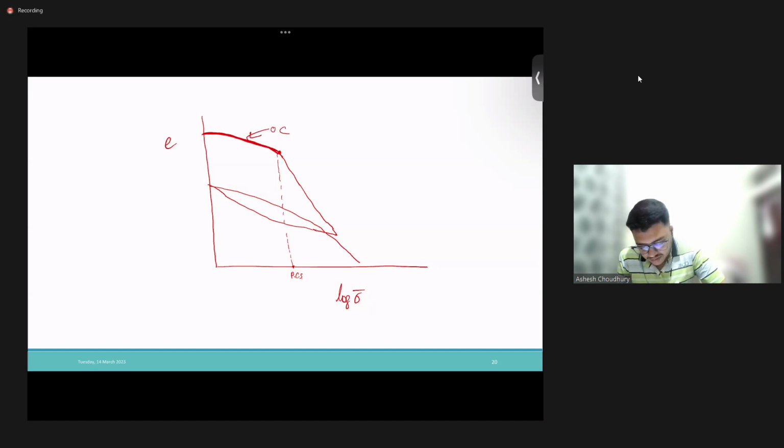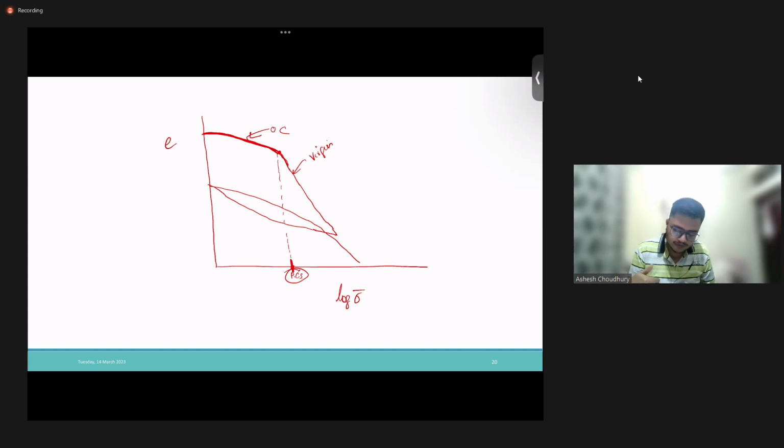After this point, the graph we get is known as the virgin curve. Why virgin curve? Because for the first time the soil is undergoing consolidation due to a stress greater than this amount of stress, which was the maximum stress it had undergone in its life history.